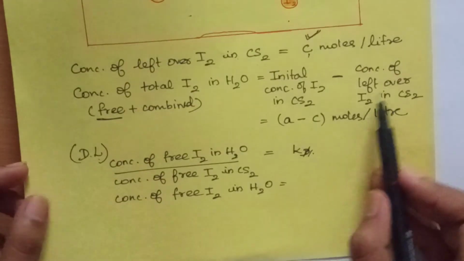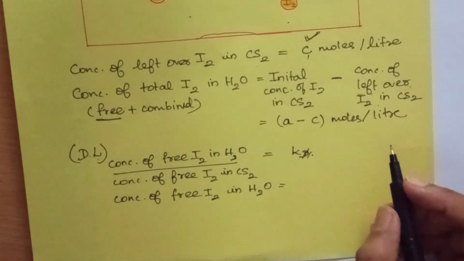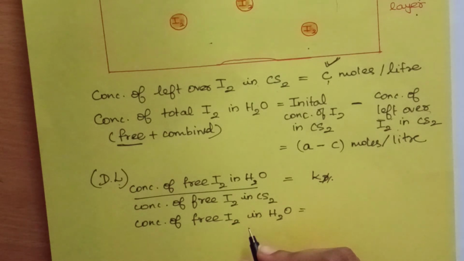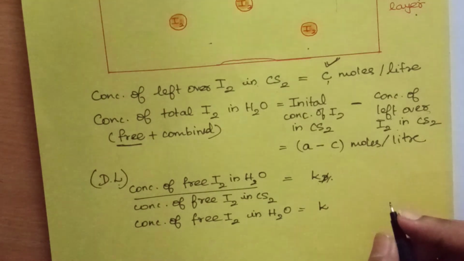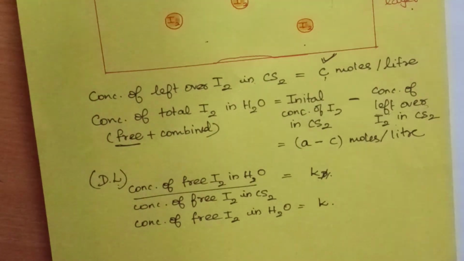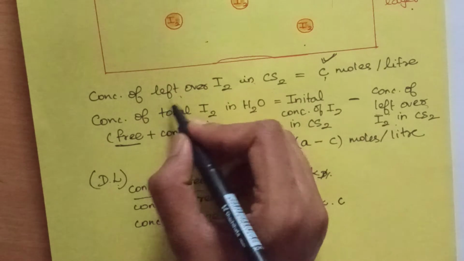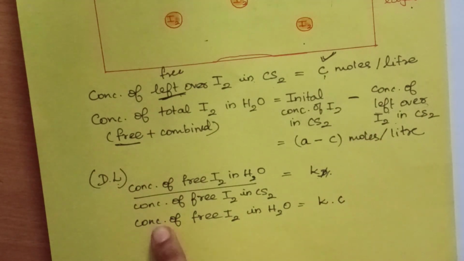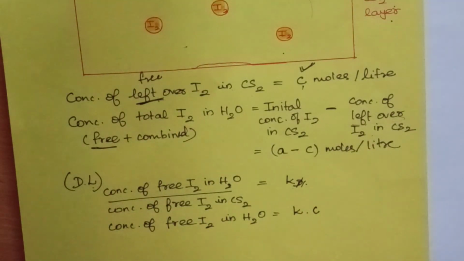The concentration of this free iodine is nothing but the leftover iodine, which is C. So the concentration of free iodine in the aqueous layer is K into C.